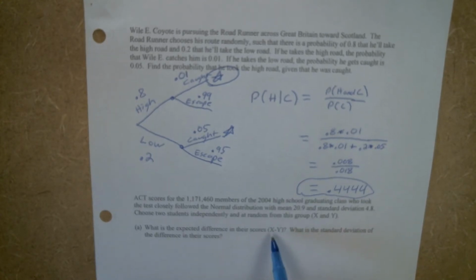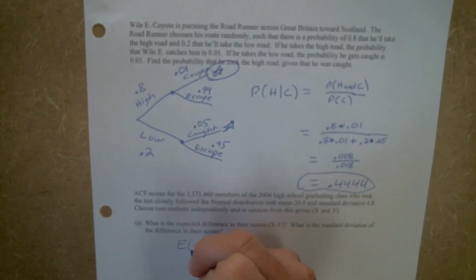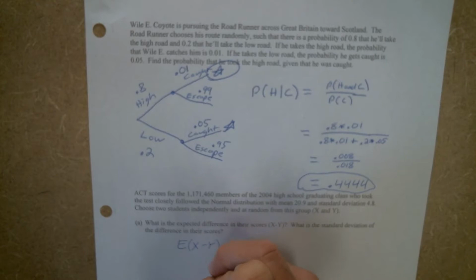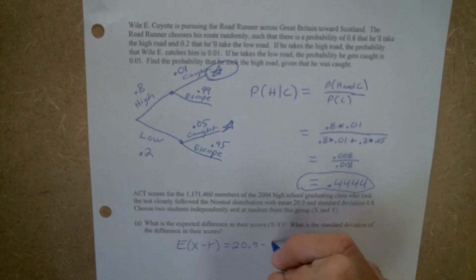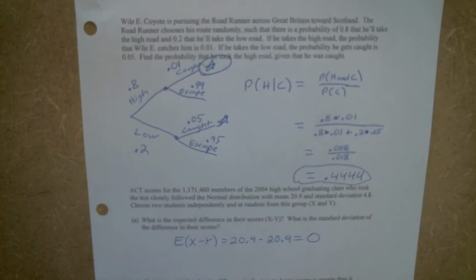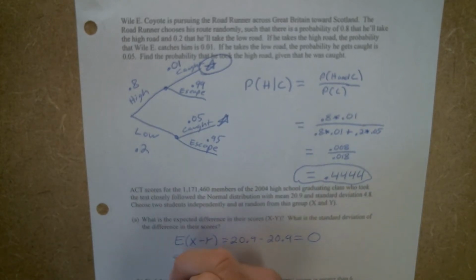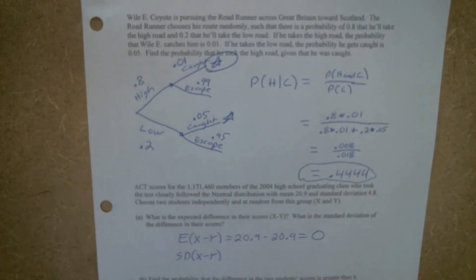All right, so if both of these have the same mean, they're both a mean of 20.9, and we do the expected value of X minus Y, it's just the expected value of 20.9 minus the expected value of 20.9, or 0. The standard deviation, we learned that you have to add the variances.